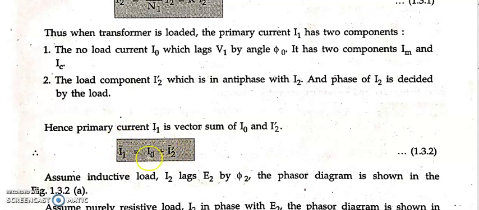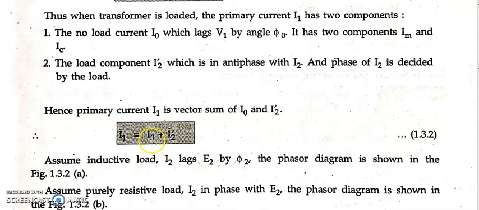So the total primary current will be the summation of your no load current I0 plus your I2 dash current, the additional current due to the load. I0 is again the vector addition of IC and IM, which remains the same. But along with that, your I2 dash current has got added.